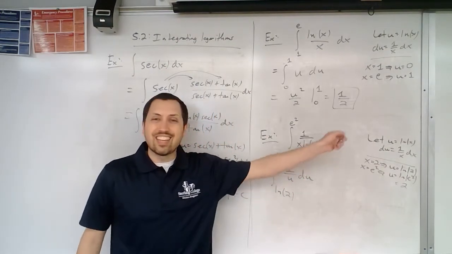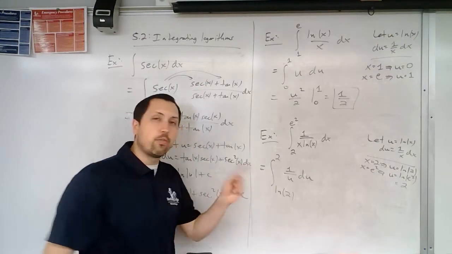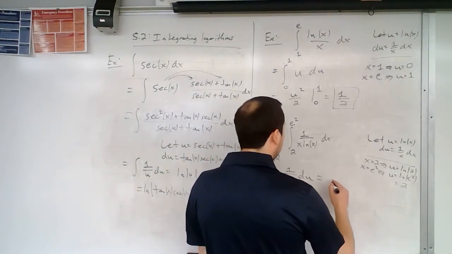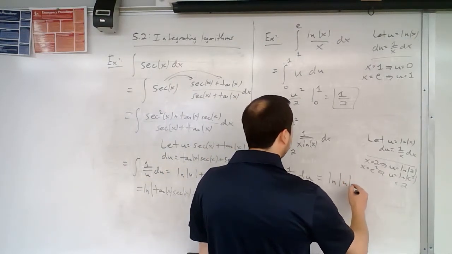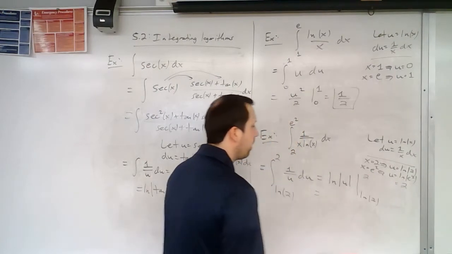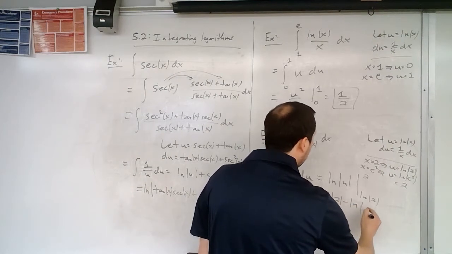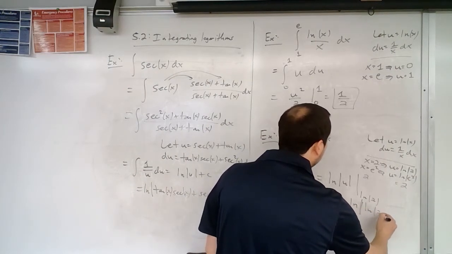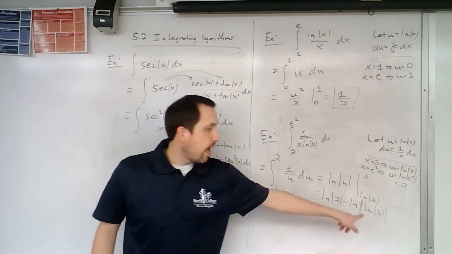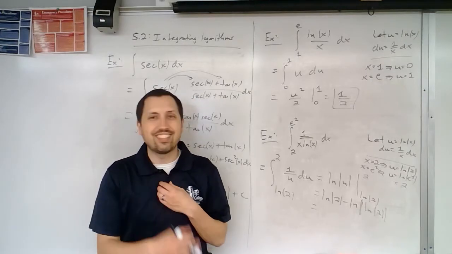Because natural log is on the bottom, so that's 1 over u. I integrate 1 over u du, and I get natural log of the absolute value. So I get natural log of the absolute value of u evaluated from natural log of 2 to 2. So I plug in natural log of the absolute value of 2 minus natural log of the absolute value of natural log of 2. Now, when you take absolute values of numbers, you know if numbers are larger than 0 or less than 0.